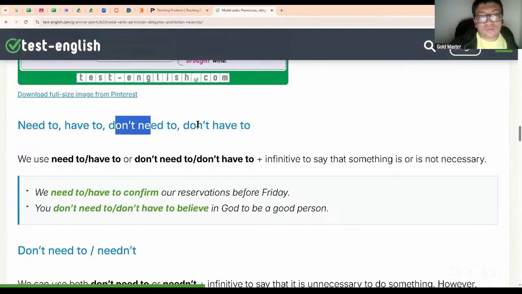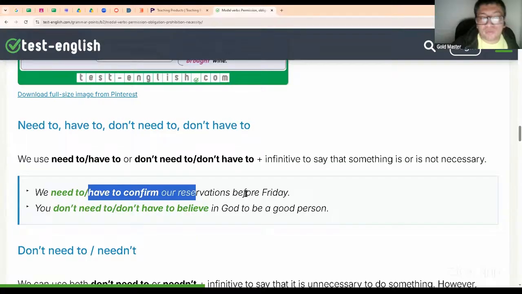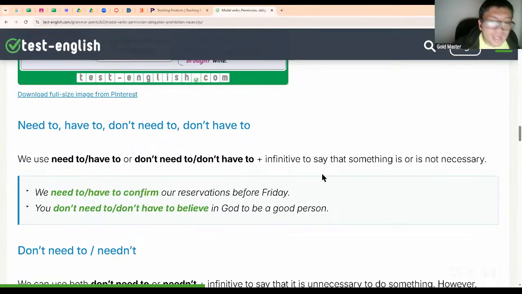Need to, have to, don't need to, don't have to. It's the same thing as you have seen above, but in this case, it's just plus an infinitive to say that something is or isn't necessary. If we say we need to or we have to confirm our reservations before Friday, it's good.